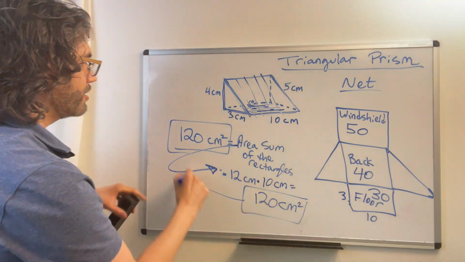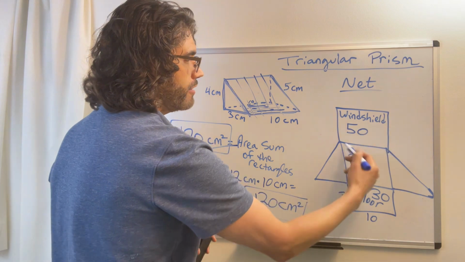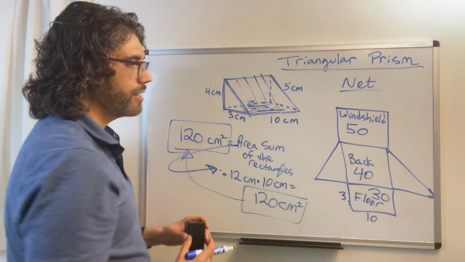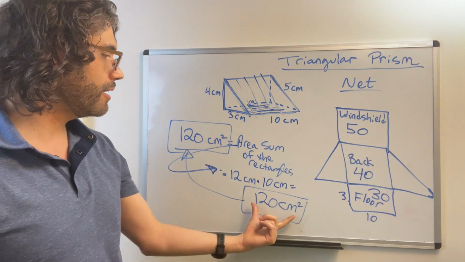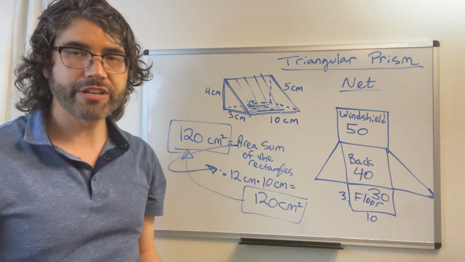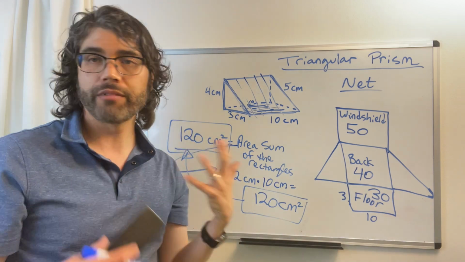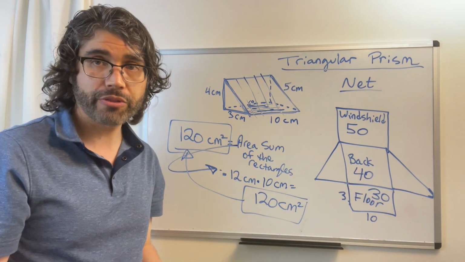You see that? So you see how using that perimeter can get all of these areas of the rectangles a little bit more quickly than adding it up with the net. Both ways are great. I just want to give you alternatives, whatever you're most comfortable with.